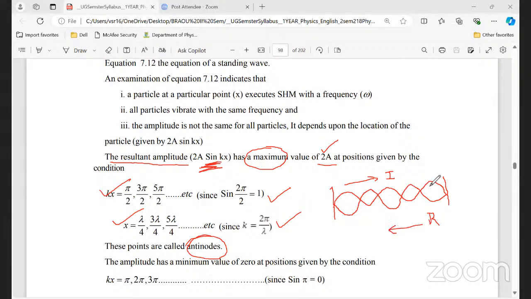Getting my point? This is an antinode, maximum amplitude. Where is the node? This one is the node, this is also a node. Minimum amplitude, there is no amplitude at all. Is it understood?